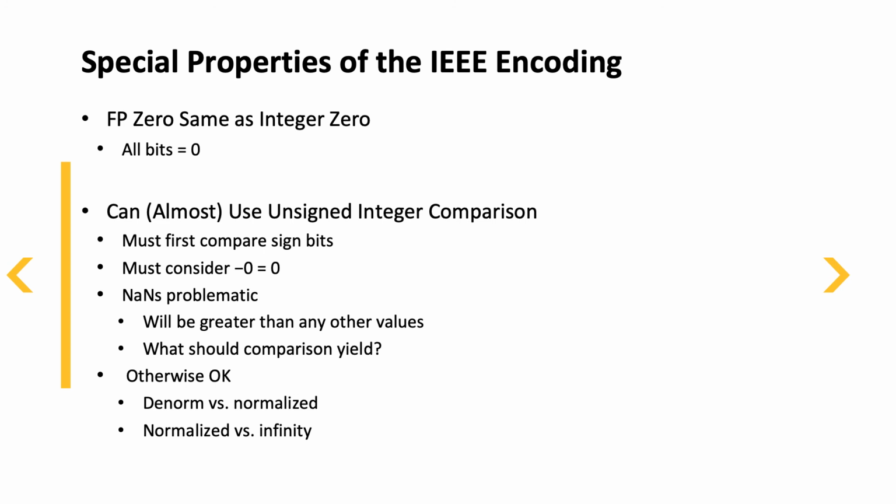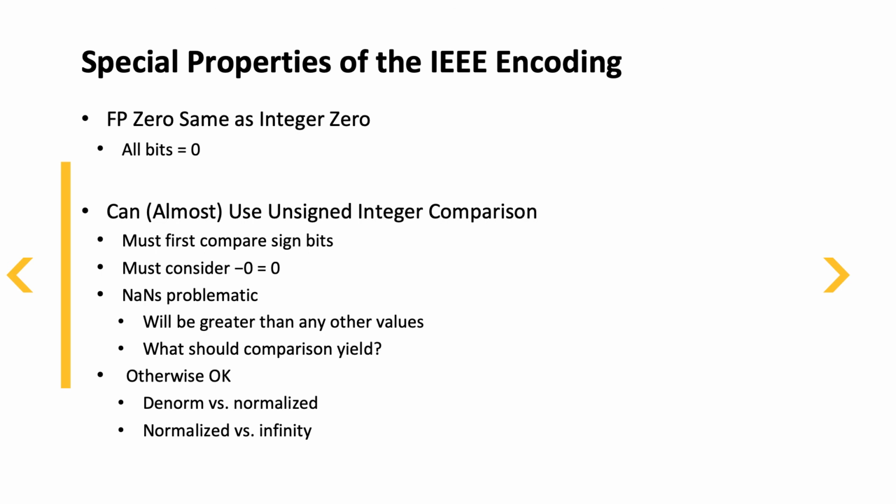Also, not a numbers are problematic. They're going to be greater than any other values, but what should a comparison yield? Well, a comparison shouldn't really yield anything because it's not a number, so we're not actually comparing two like things. So comparing 1 to a really huge not a number, we're still comparing a number to not a number, so there is no comparison to be drawn. Otherwise, we're fine.